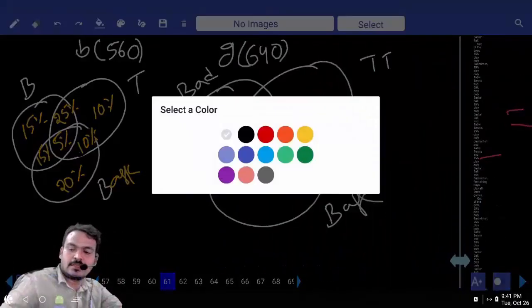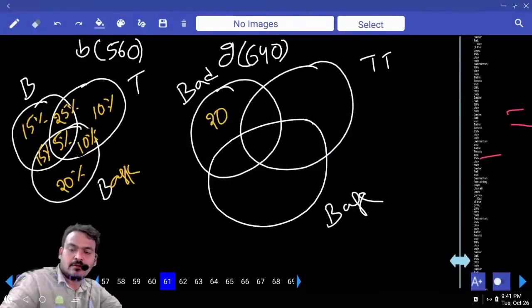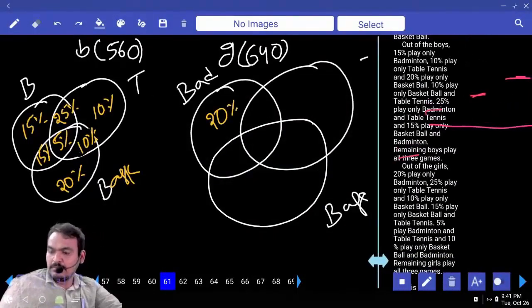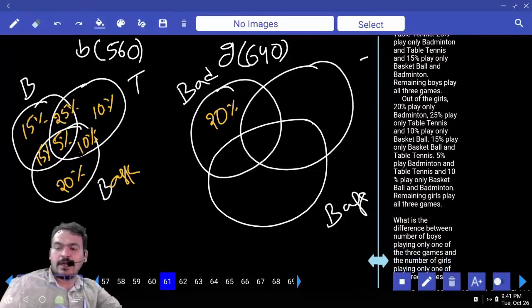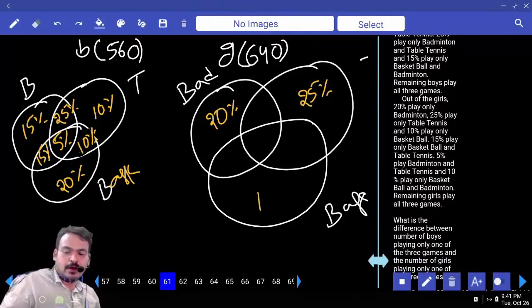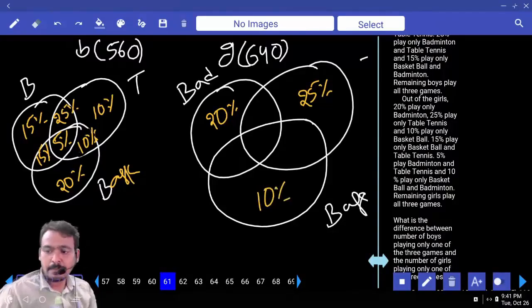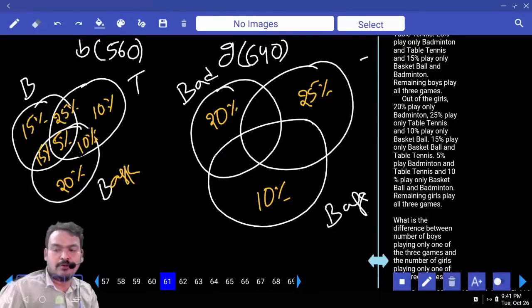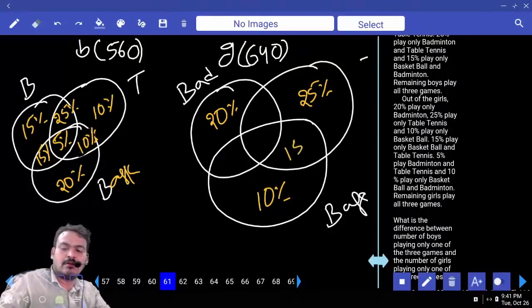Only badminton girls are how much? 20%. Next, second one, 25% play only table tennis. Only table tennis are 25%. Next, 10% play only basketball. Next, 15% play only basketball and table tennis. Means here 15% or not.